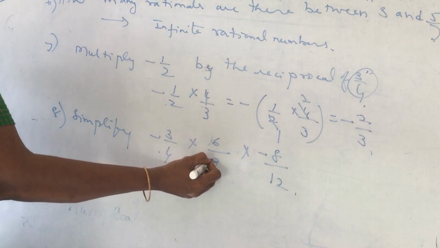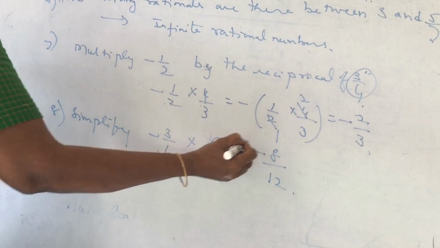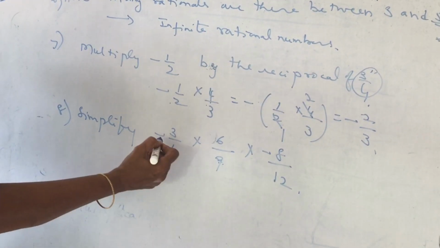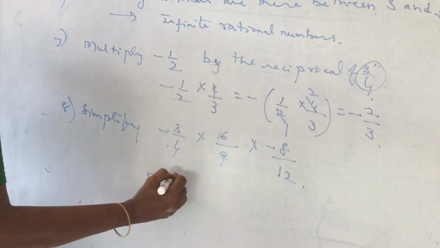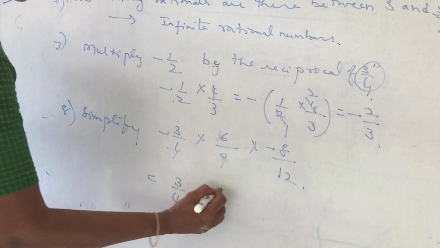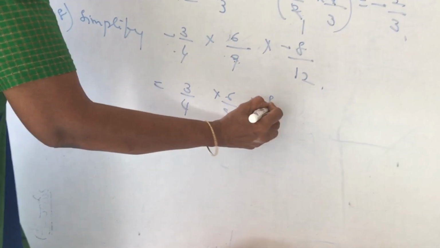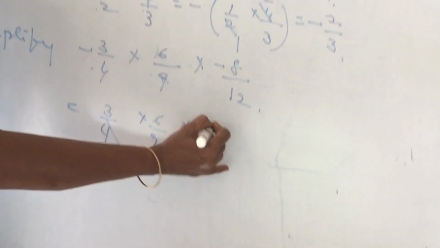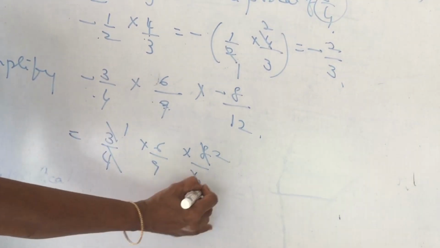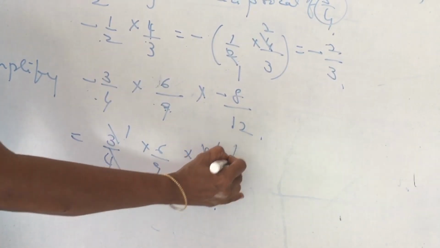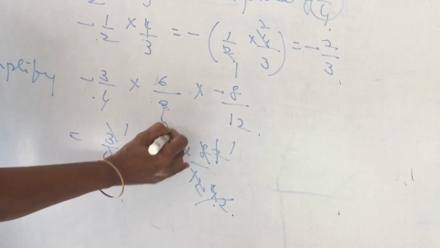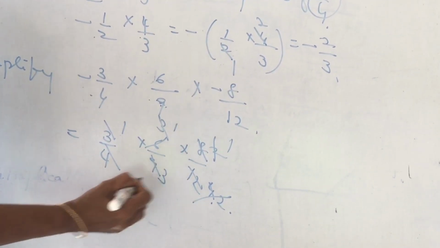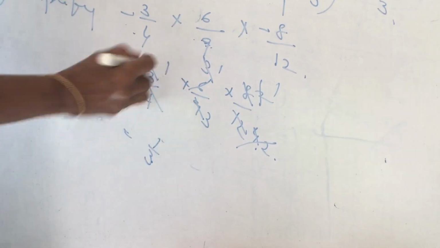Minus into plus, minus; minus into minus, plus; and go for cancellation. 4 twos are 8, 3 ones are 3, 3 fours are 12, 2 ones are 2. 2 goes 3 times, 3 divides once and 3 times. Your answer is 1 by 3.